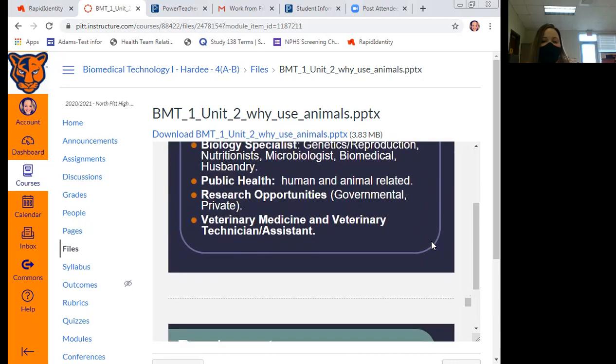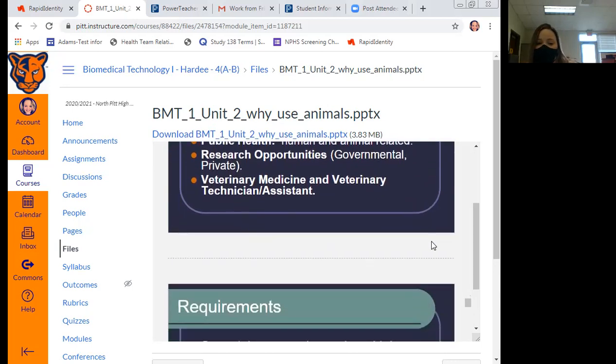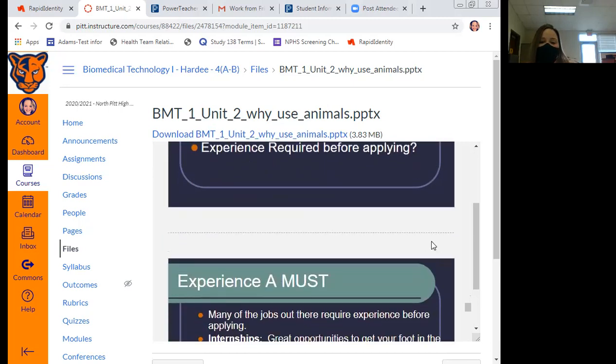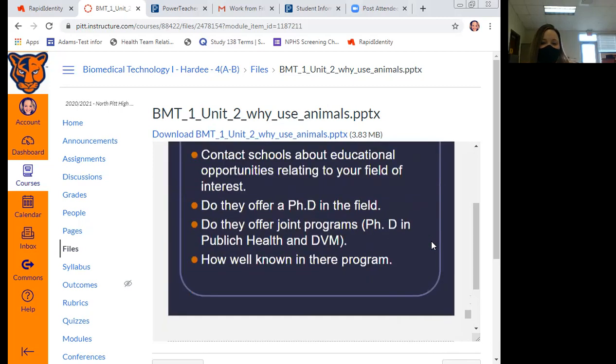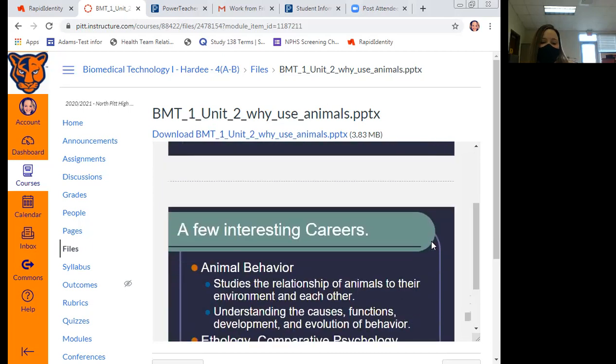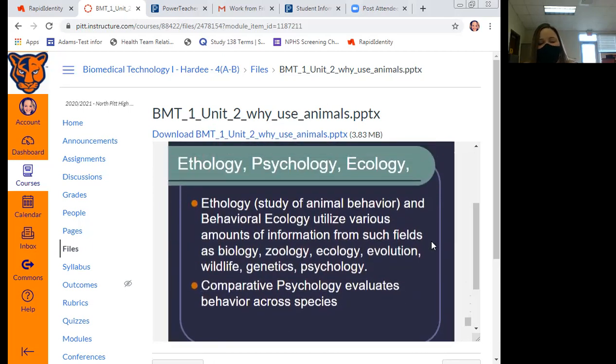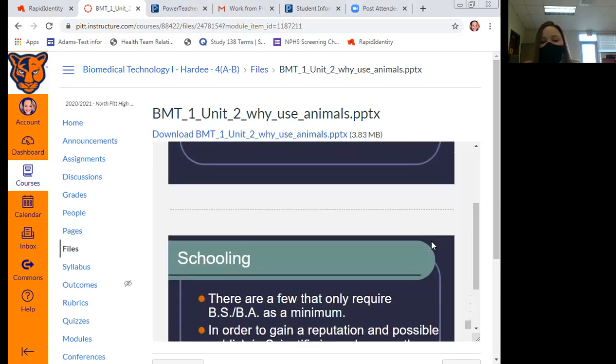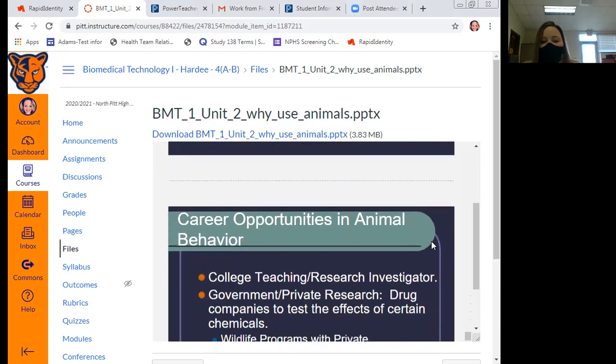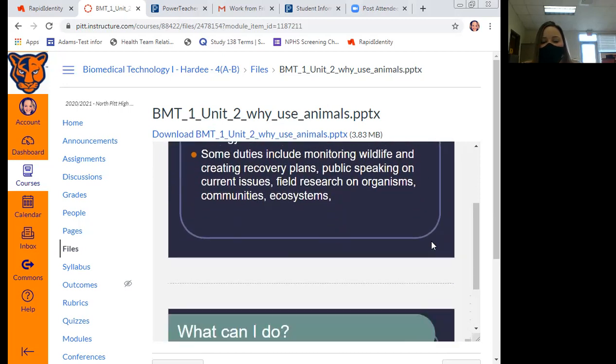Conservationist, public health, animal control, and then some of the requirements, degrees, experiences, school information, and then it just goes through to list some interesting careers. So I always thought I wanted to be a zookeeper growing up, so that's also included here. So that is just some generic information as well.